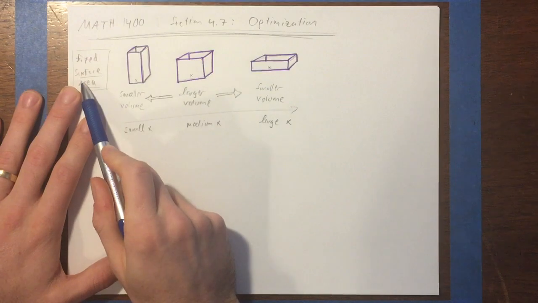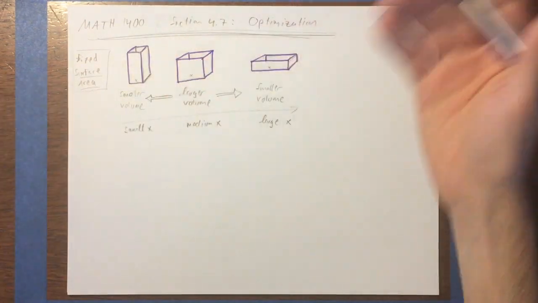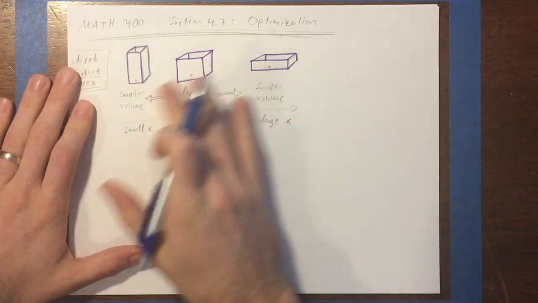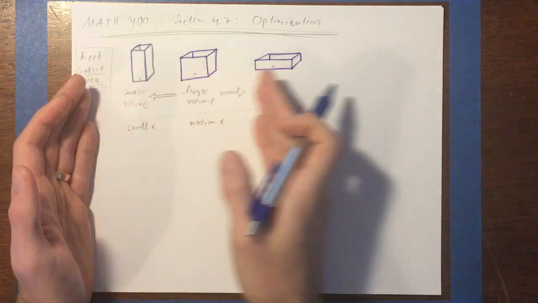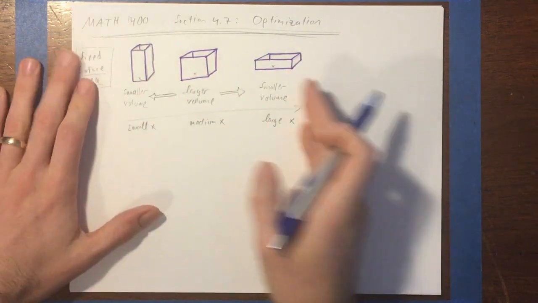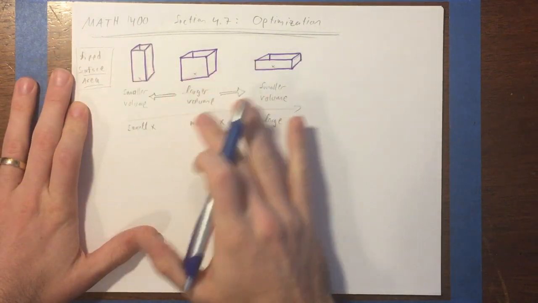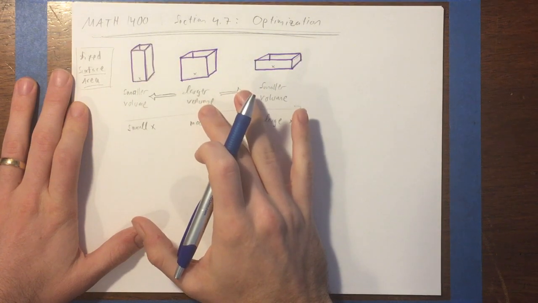So when fixing surface area, if you allow the other dimensions, the height, width, and length of the box, to vary, then there's going to be a range in values for volume between small and big and then small again. And so the optimization problem would be: fix the surface area and then figure out what dimensions are going to give you the maximum volume, right?